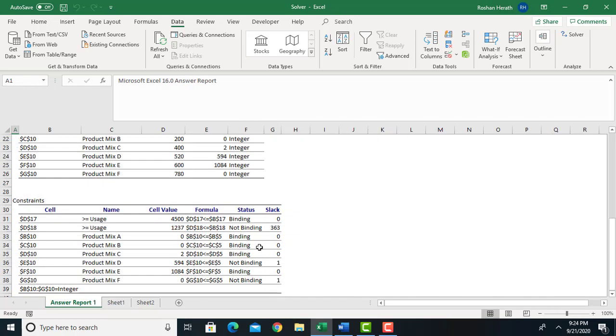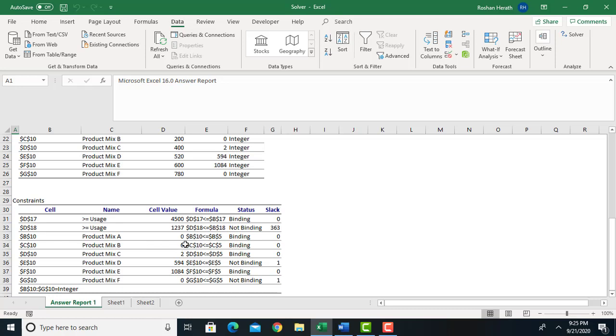Similarly, there would be some other binding constraints as well. Depending on these constraints altogether, even in this product mix, the products A, B and C are binding. Depending on the resource availability, we cannot increase the number of units that must be produced.